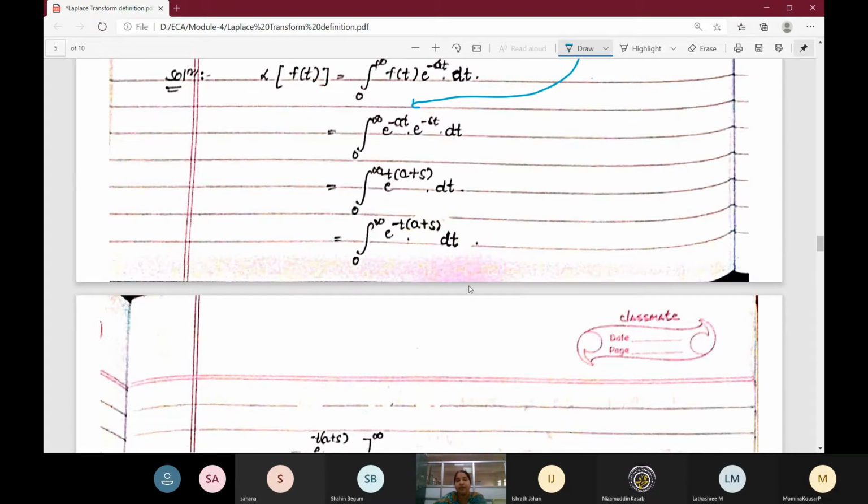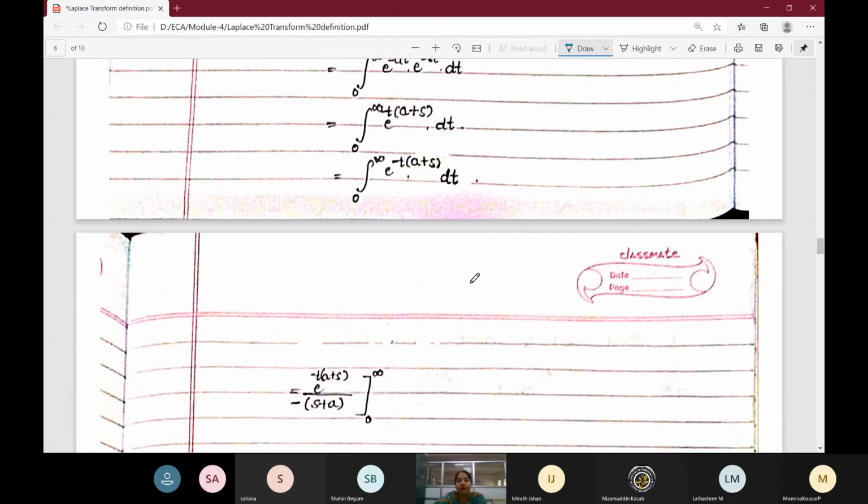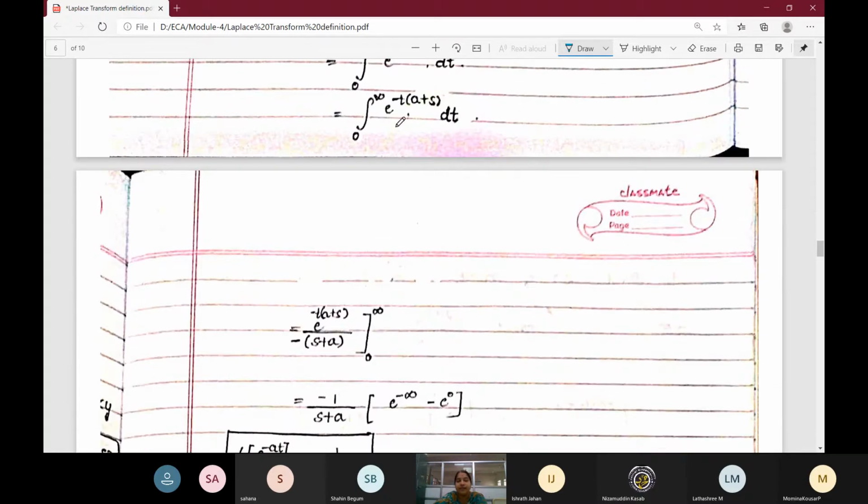So this has to be integrated now. What we'll get when we integrate it? It is nothing but e to the power minus t into a plus s divided by minus of a plus s, or s plus a, within the limit 0 to infinity. Take the constant outside, that is minus 1 divided by s plus a.